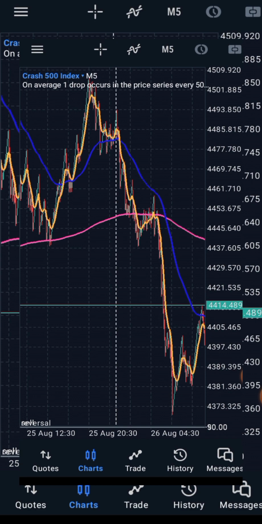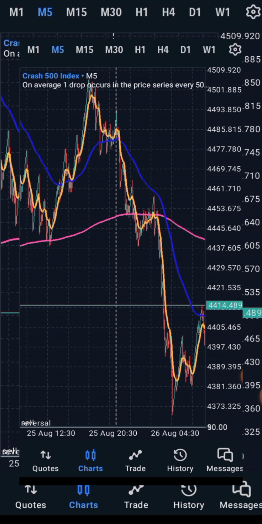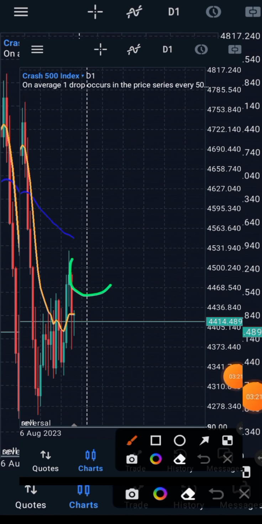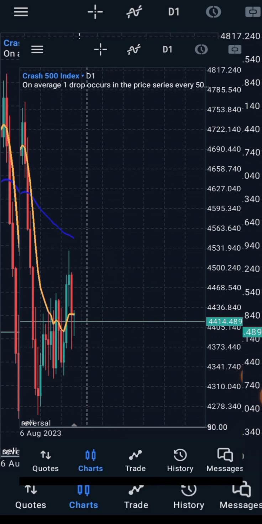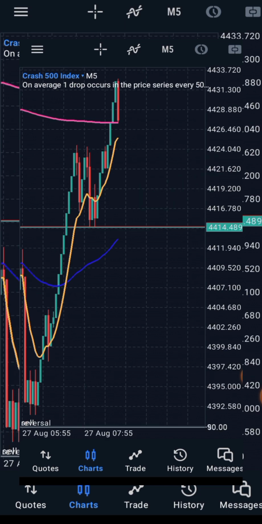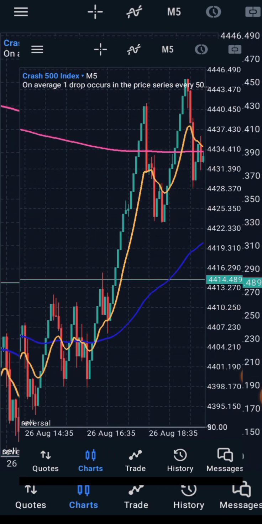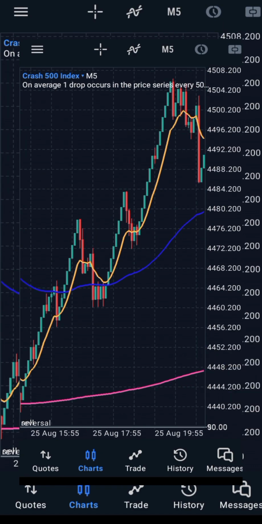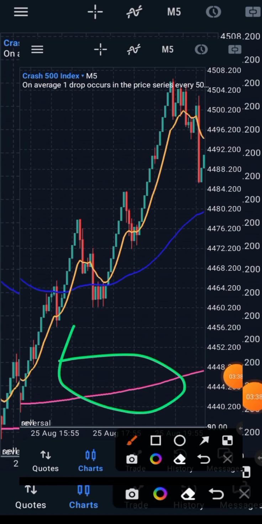If the candle is above at the higher time frame of the daily, like this, trending above this, then what you want to see on the lower time frame of the 5 minutes is that the market is above the pink indicator, that is indicator 700, just like this. The market is above these.